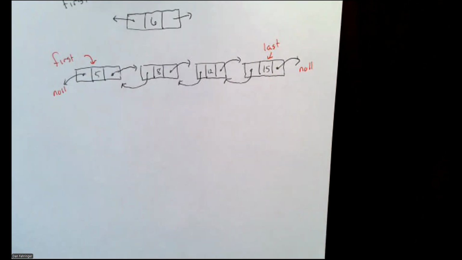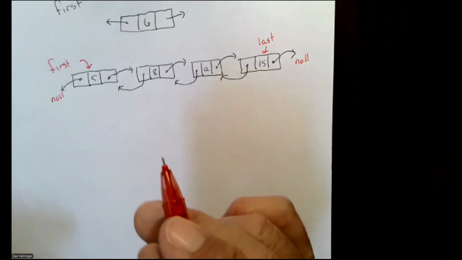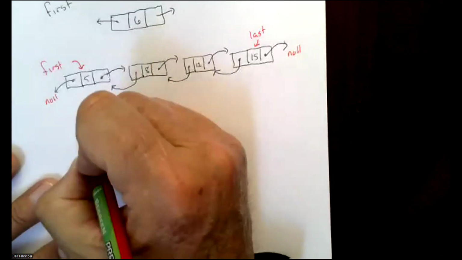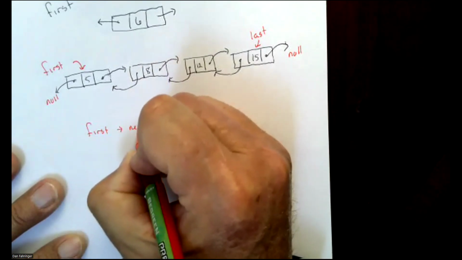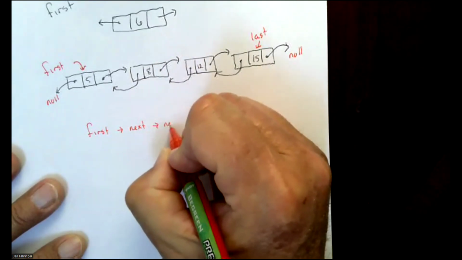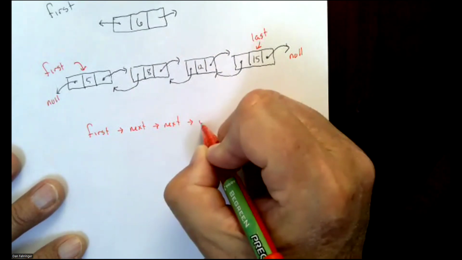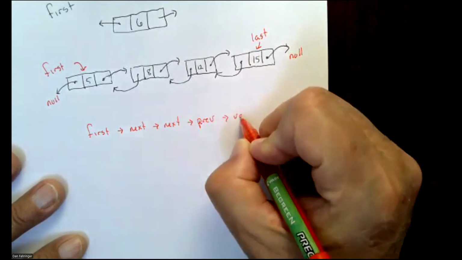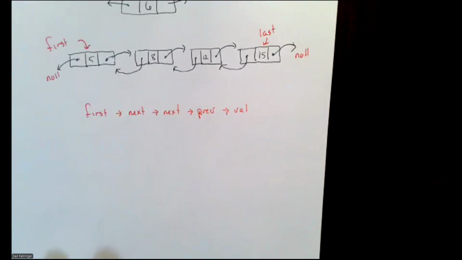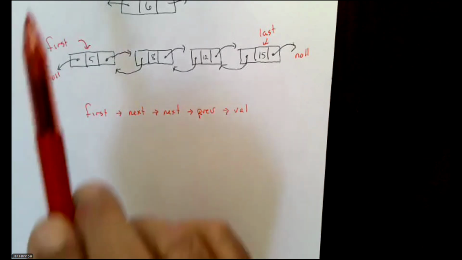But hopefully we're getting pretty good. If I said first, next, next, prev, prev, value, what would it be? Wouldn't it be 8? It would be 8.